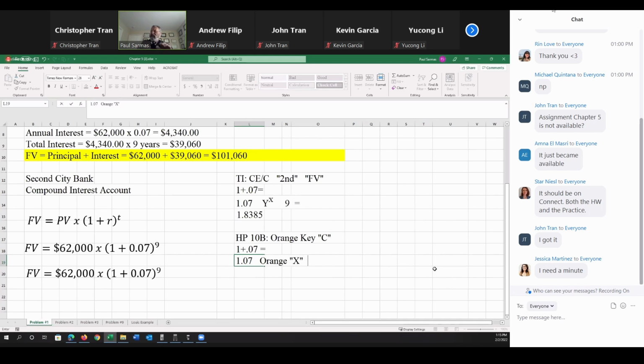If you look at your calculator, underneath in orange letters, it says Y to the X. That's how you get to it. Then 9. You don't have to do equal, but I think the calculator automatically gives you 1.8385. I need to increase the decimal point on that, so you will see that. So when I go into the formula, I will work the calculator just to show.